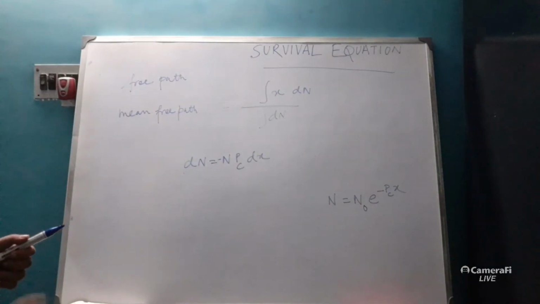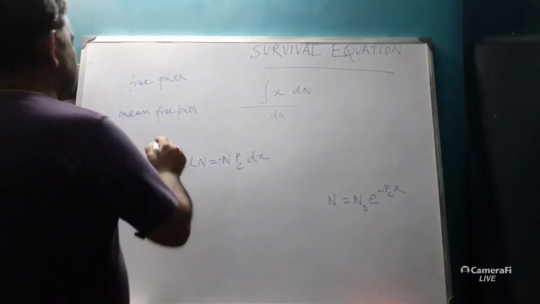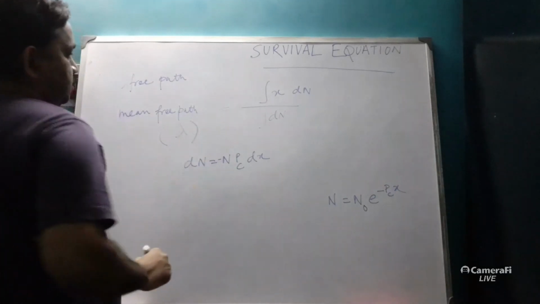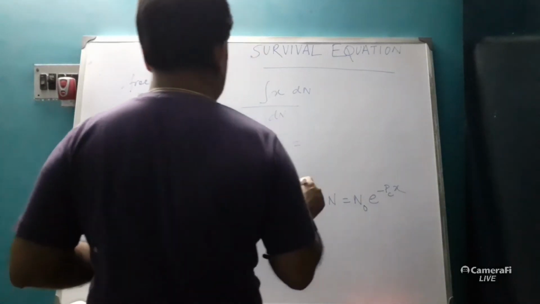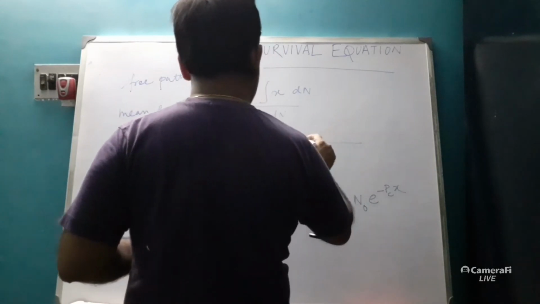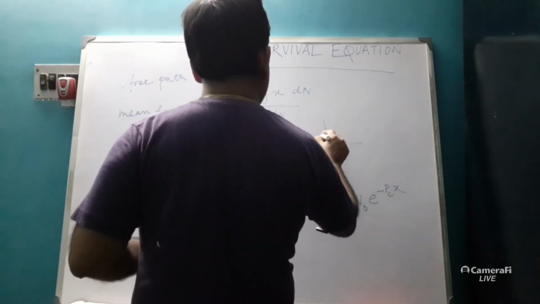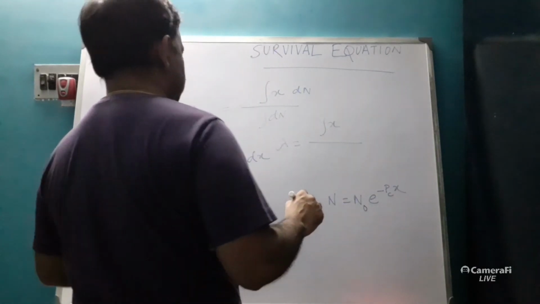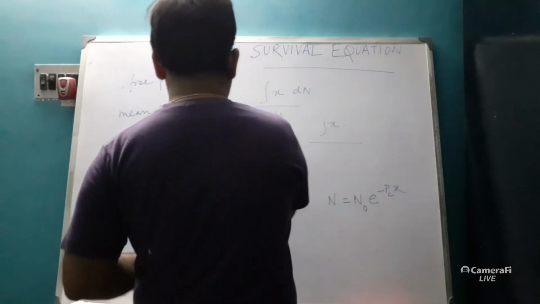So this mean free path in physics is denoted by the Greek letter lambda. So you can write lambda is equals to x into this dn expression has to be written with the modulus sign.